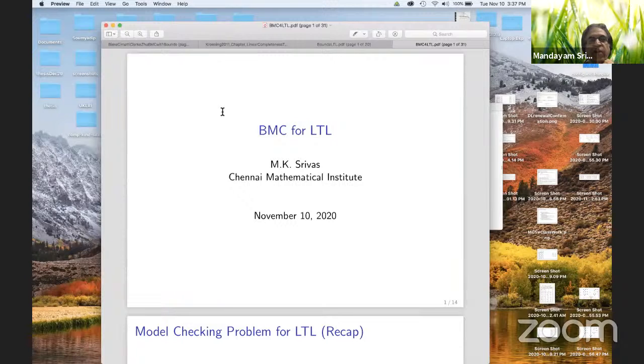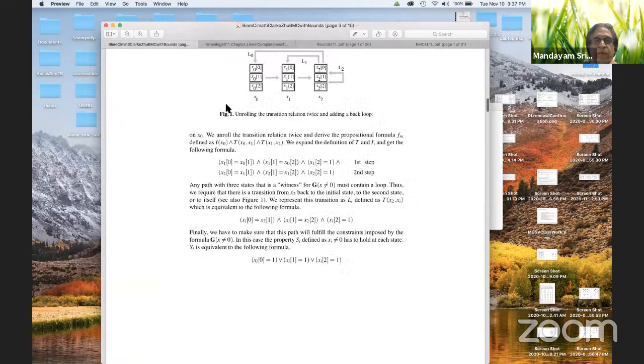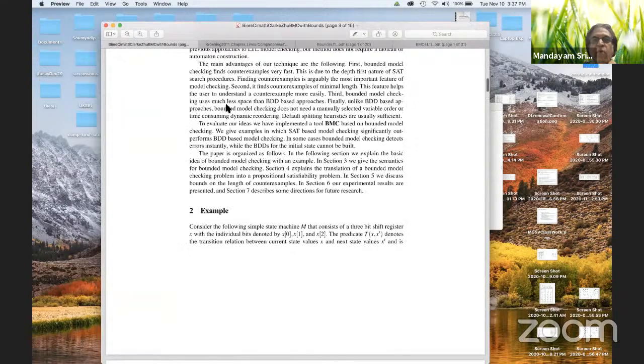This particular one is briefly mentioned in the Kroening textbook, but it's not fully described. The reference material for this is this paper. This is what I'm following.